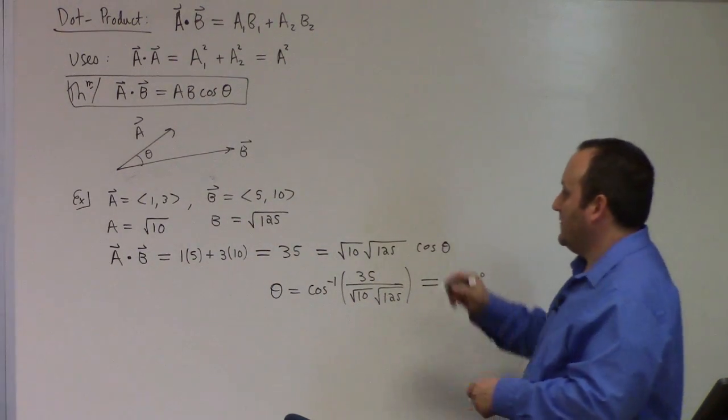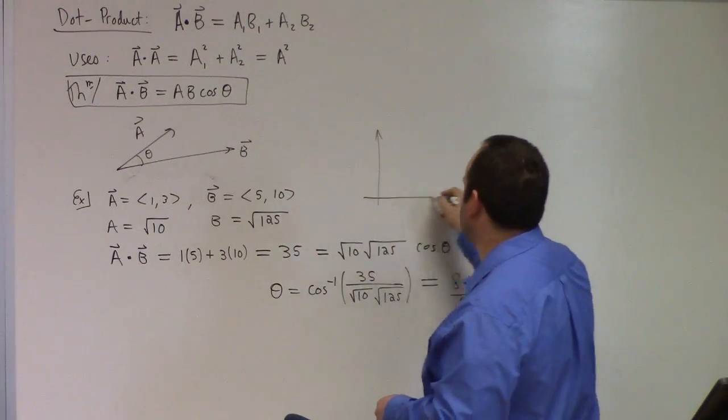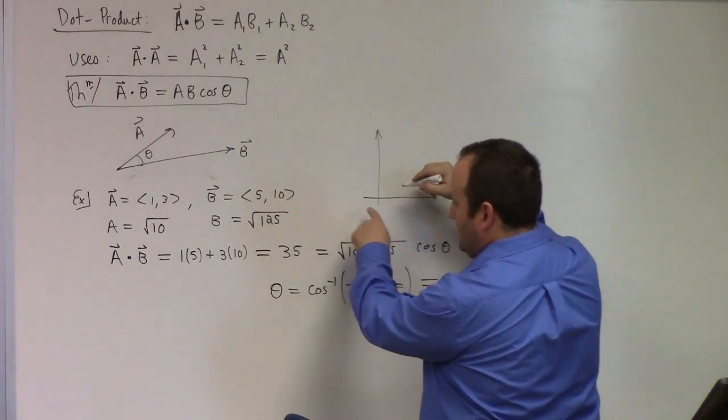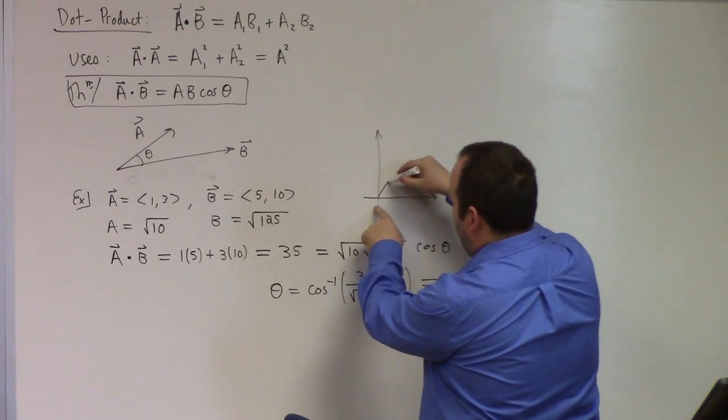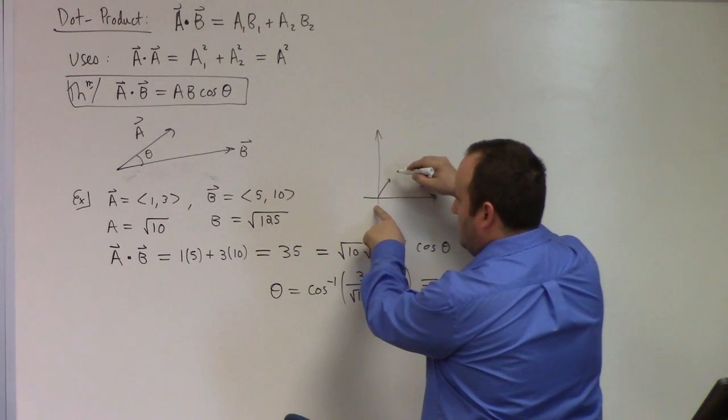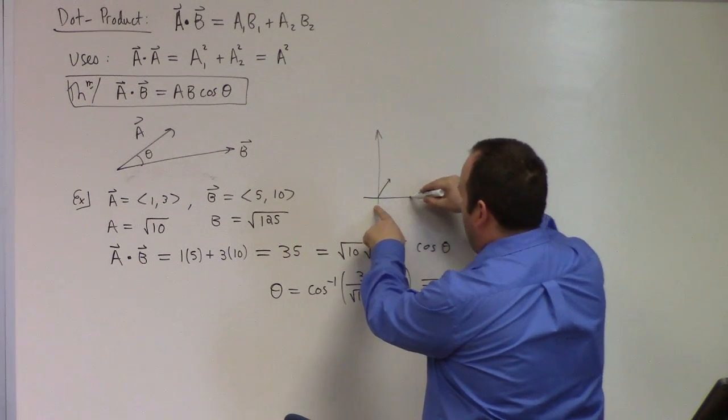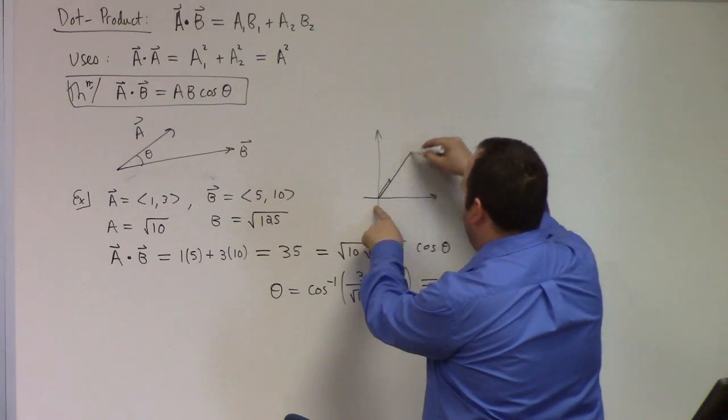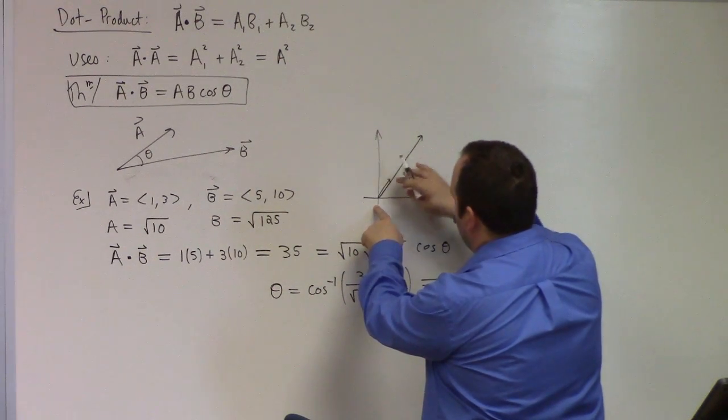Which probably makes sense if you draw a picture, right? 1, 3 is over 1 up 3, roughly speaking. And this is over 5 up 10.